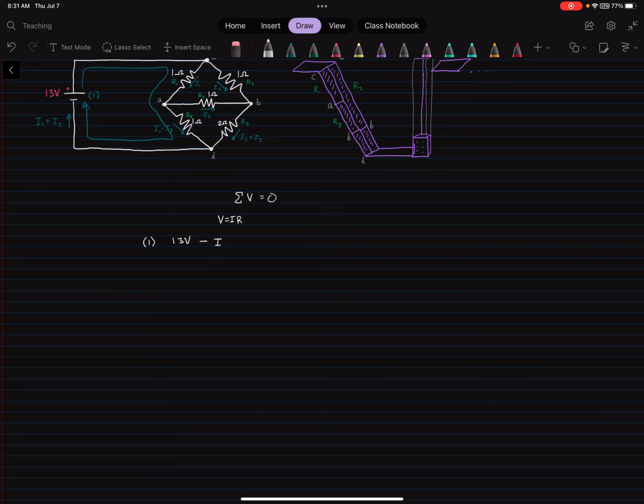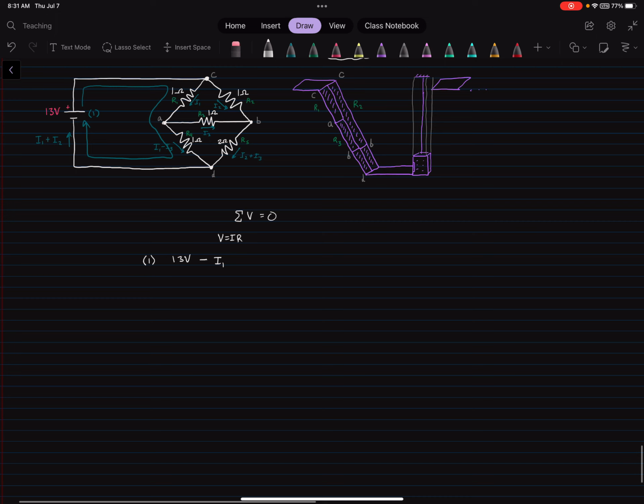So I1, current through resistor 1 times 1 ohm, the value of that resistor, and then also minus, and it's a minus because the voltage is dropping as it goes through that component.